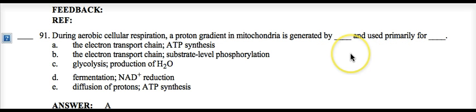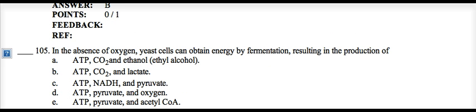Pretty cool. That's a great question for pulling these ideas together, and of course you should know what the rest of these are all about too. Okay, number 105. In the absence of oxygen, yeast cells can obtain energy by fermentation, resulting in the production of, and I'm not going to read all those in the interest of time.